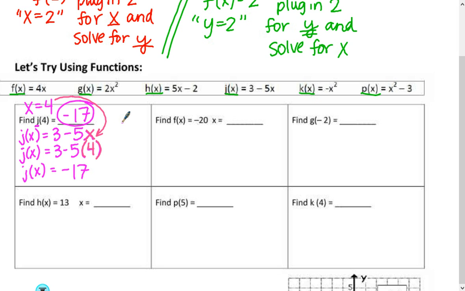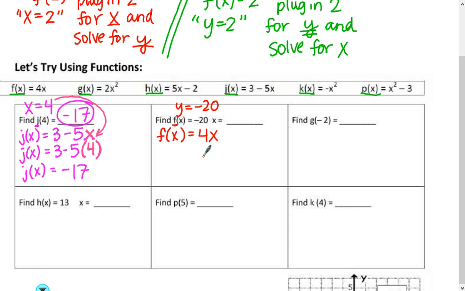Let's look at our second one. F of x equals negative 20. So look back up, is it this version or that version? Well, this one is telling me y equals negative 20. So first I wrote down what value they gave me. Second, I need to write down my f function. This says f of x equals 4x, and I found that right over here.